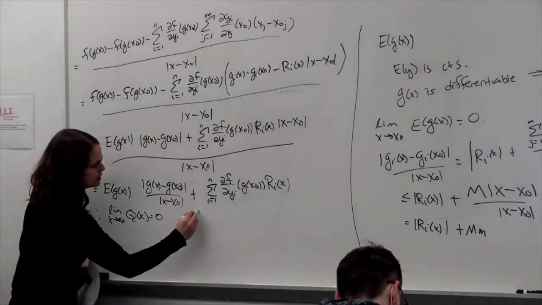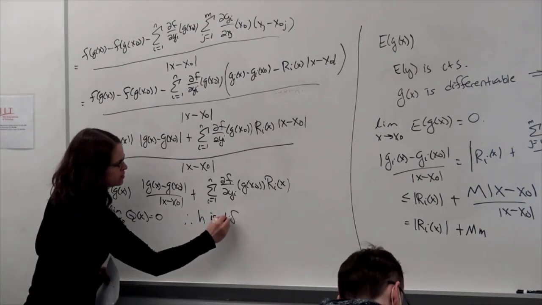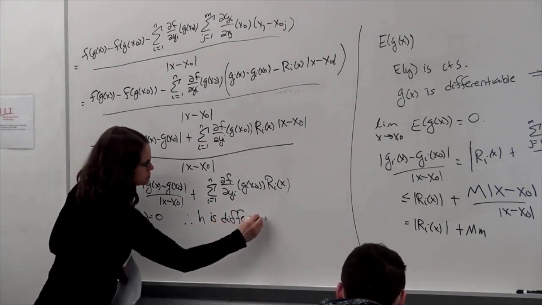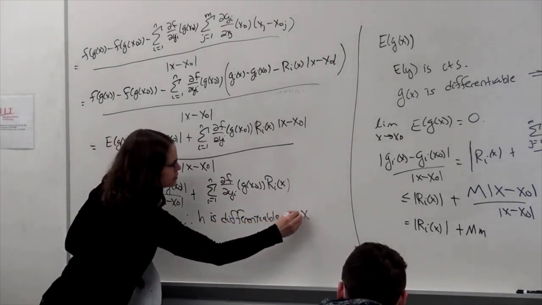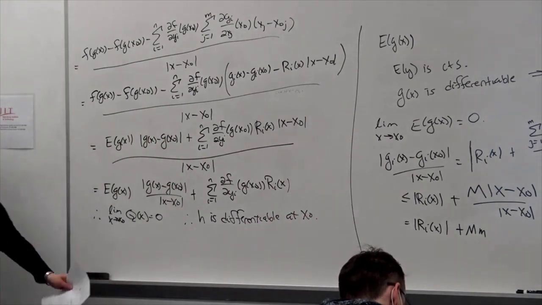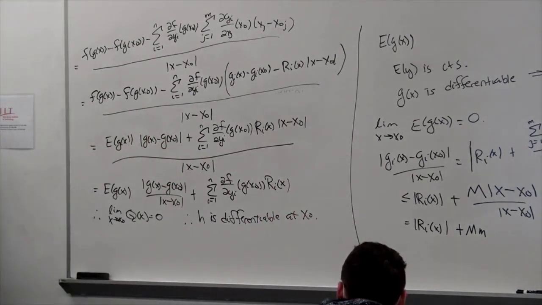So we say, therefore, H is differentiable at x naught. And we've verified the values of the partial derivatives because they are the coefficients that showed up in our linearization.